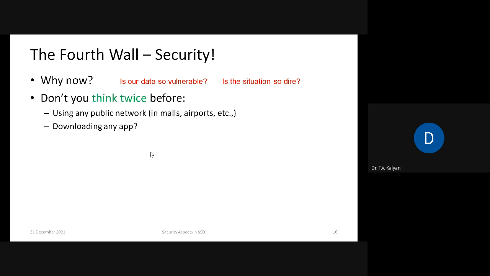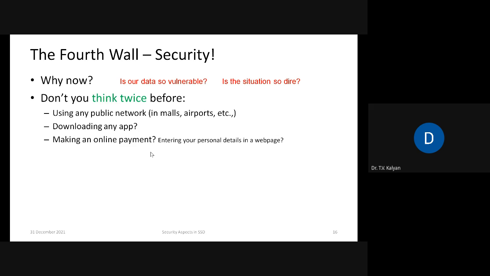And then we think twice before we download any app. Even though we are interested in its utility, we still go and check the developer details. We look at the ratings of the other users, etc., to get some basic level of trust. And even when we install, we try to think consciously about which permissions it needs.